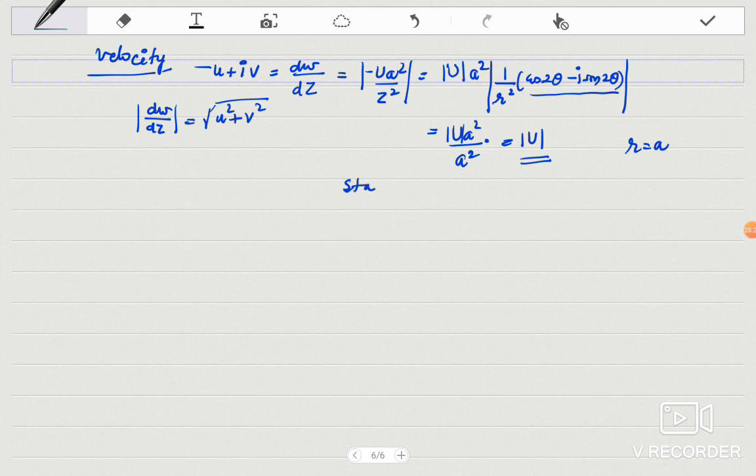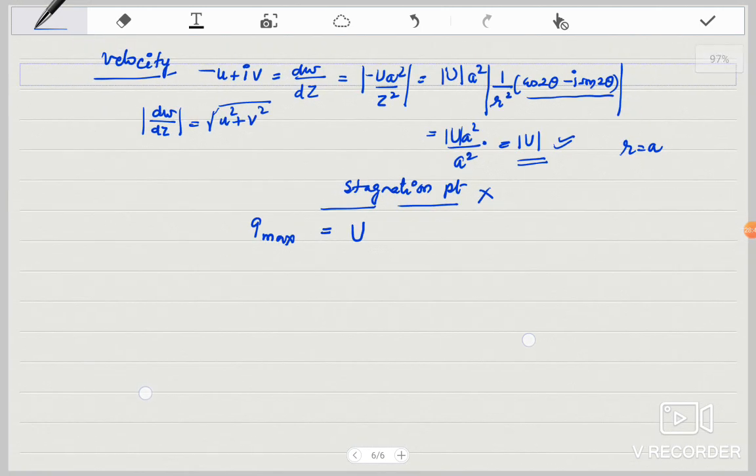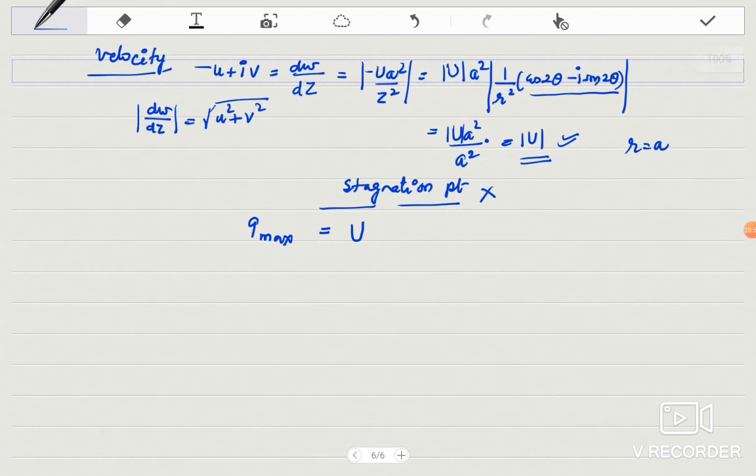So what is the stagnation point? Can you calculate the stagnation point? No, because it is a constant velocity. So there is no stagnation point. Rather, what is the maximum velocity? It is positive u. This is the maximum velocity. There is no stagnation point. Further, you can calculate the pressure.